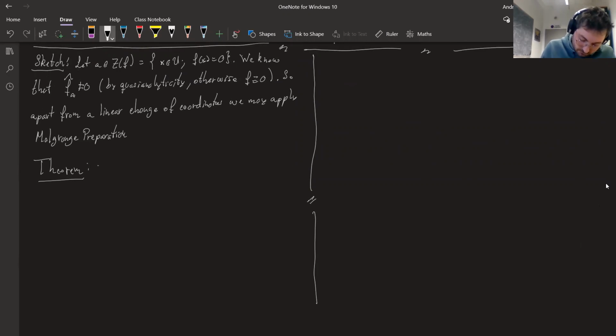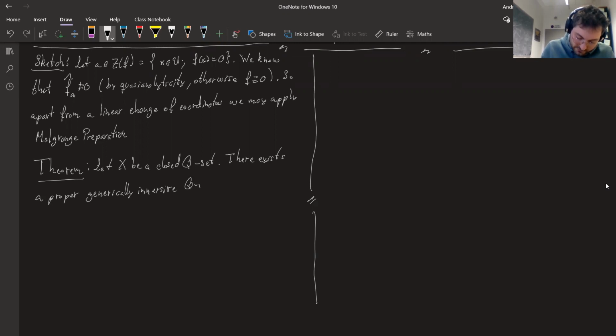Let X be a closed Q set. There exists a proper generically immersive Q-morphism phi from N to M such that phi of N is equal to X, where M here is the ambient variety as usual.